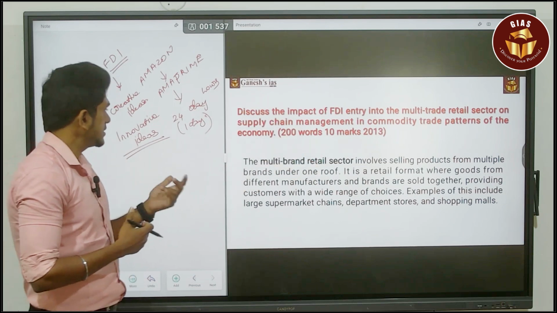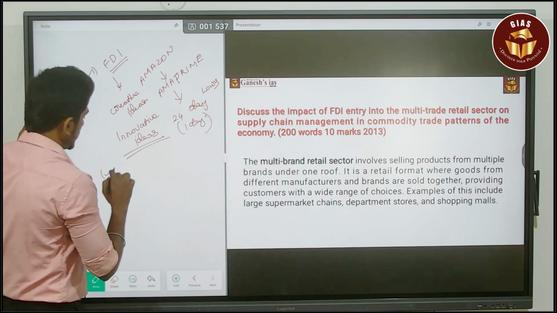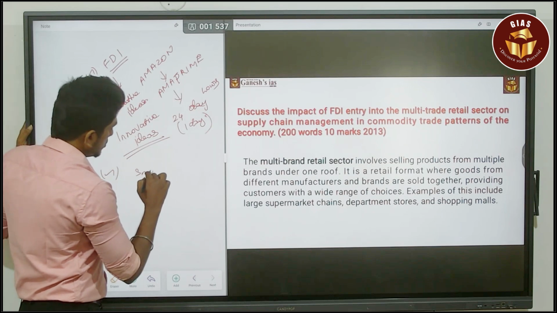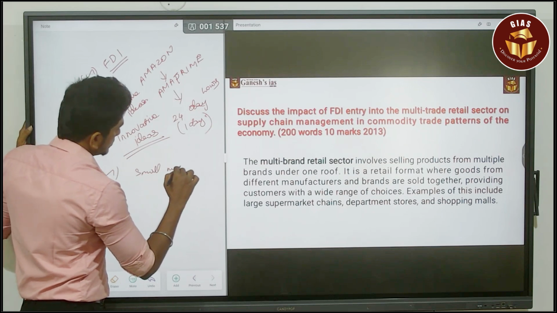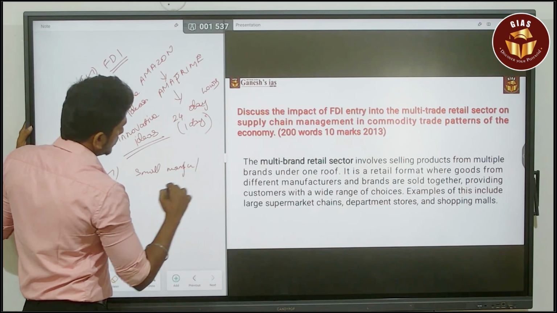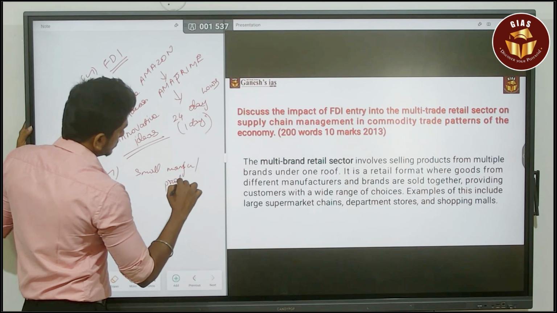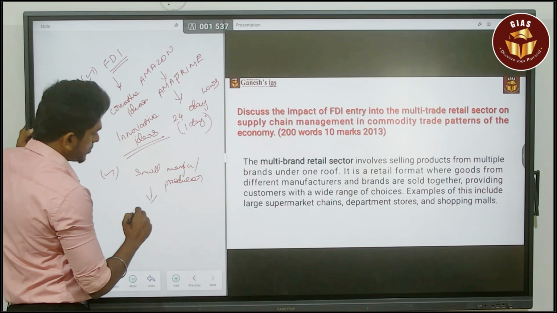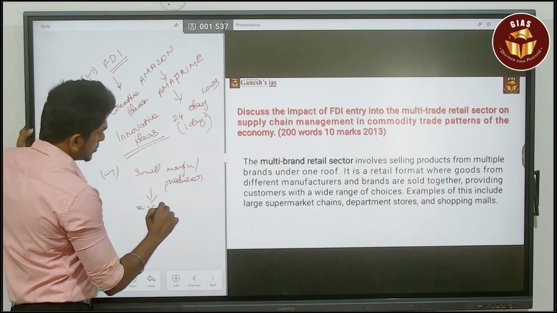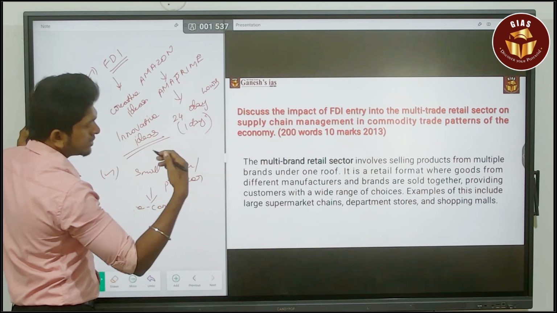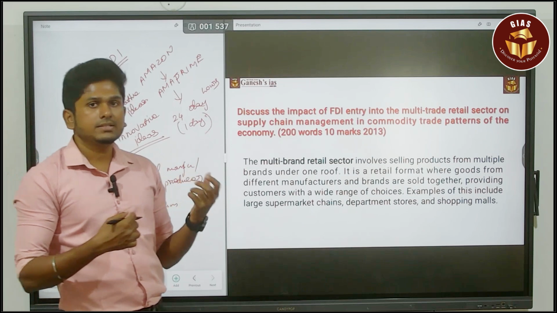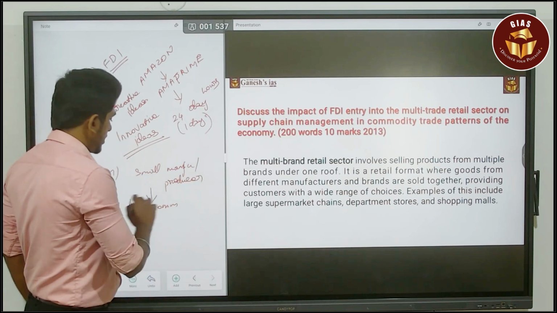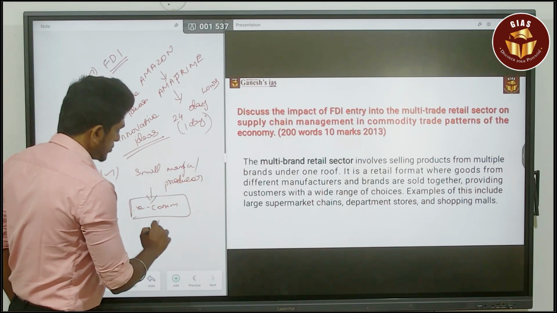But at the same time, another major benefit is that it is going to help the small manufacturer or the producer. The small manufacturer or producer can sell their products on the e-commerce platform of these multi-brand retail sectors, or else in the offline shops.